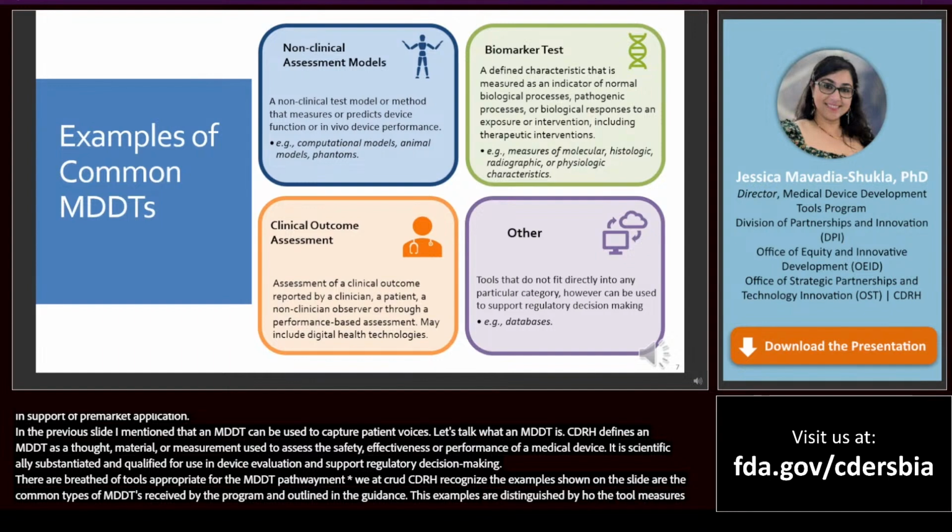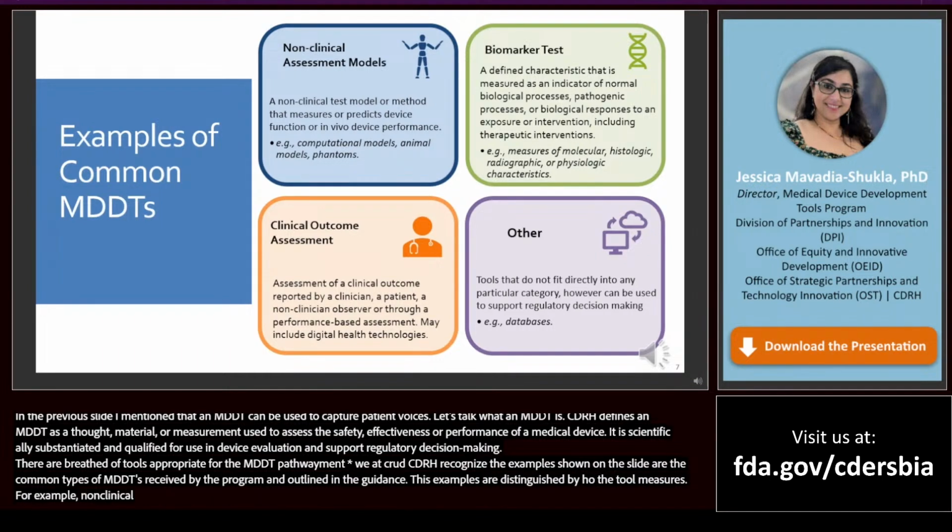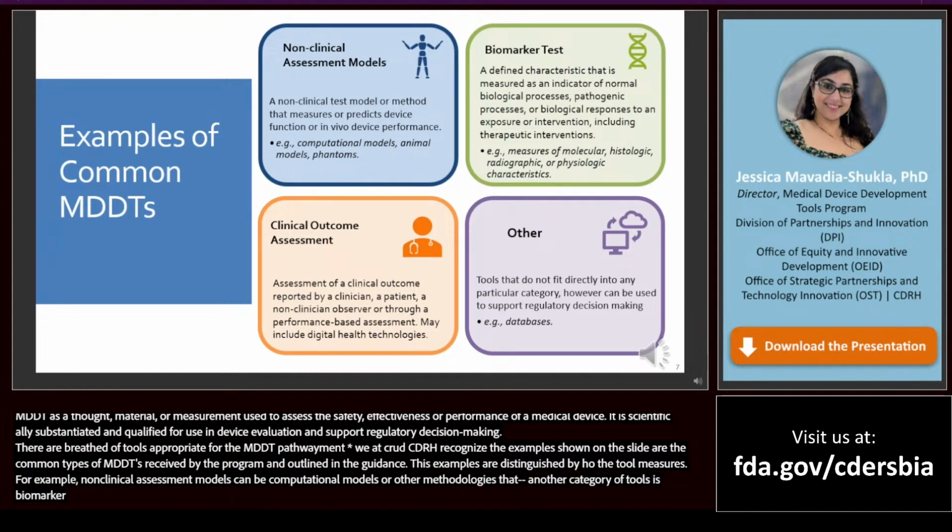For example, non-clinical assessment models can be computational models, phantoms, or other models and methodologies that may inform device safety, effectiveness, or performance. Another category of tools is biomarker tests. For example, tools that measure molecular, histologic, radiographic, or physiological characteristics. The third category is clinical outcome assessments that may assess symptoms and severity of a disease or illness.